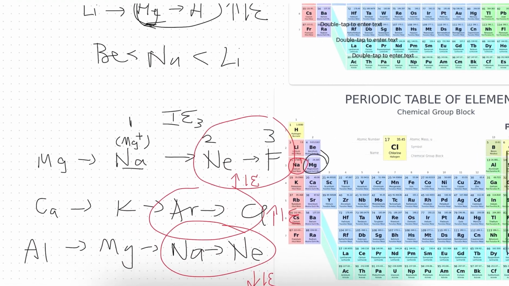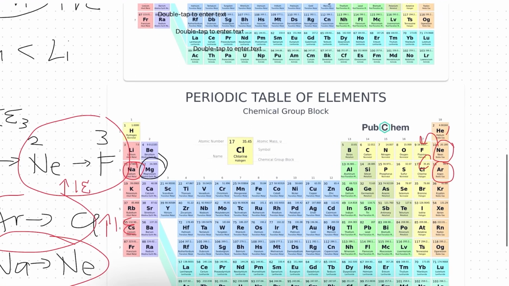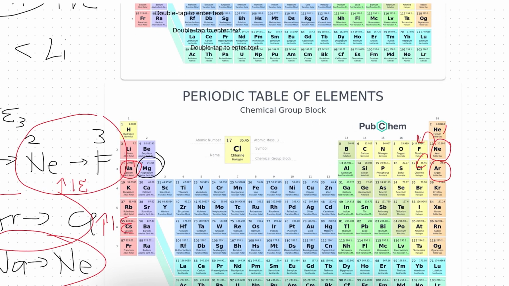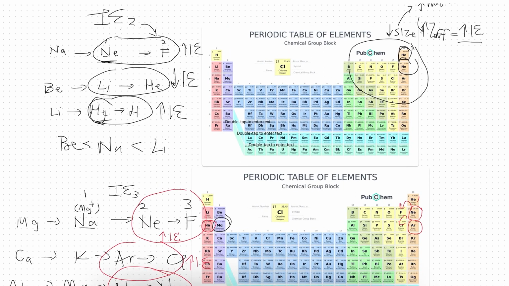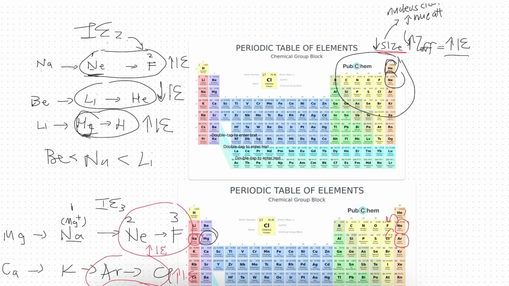Now, what's a tiebreaker here? Neon or argon? Which one's easier? Which one has higher or lower, whatever. So neon has a smaller size. That means the nucleus is closer to the electrons, increasing nuclear attraction. Increasing nuclear attraction means increasing Z effective.